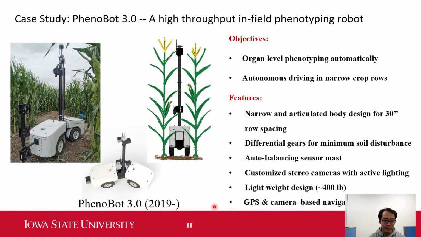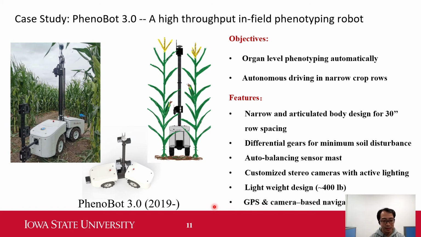We have a case study here, so we use our PhenoBot 3.0 as an example. PhenoBot 3.0, as Dr. Tang has introduced, is a high-throughput in-field phenotyping robot. The robot was designed for organ-level phenotyping, and it should do autonomous driving as well in these narrow crop roads.